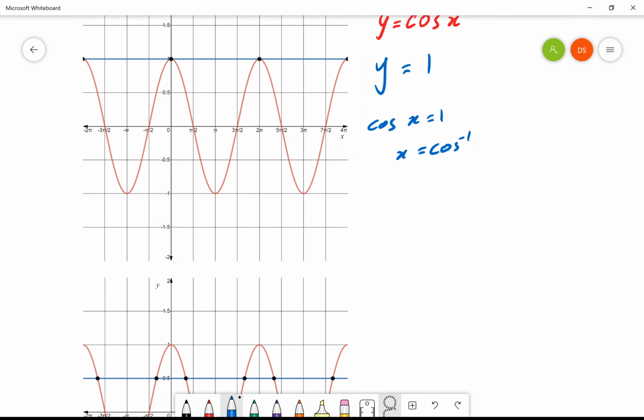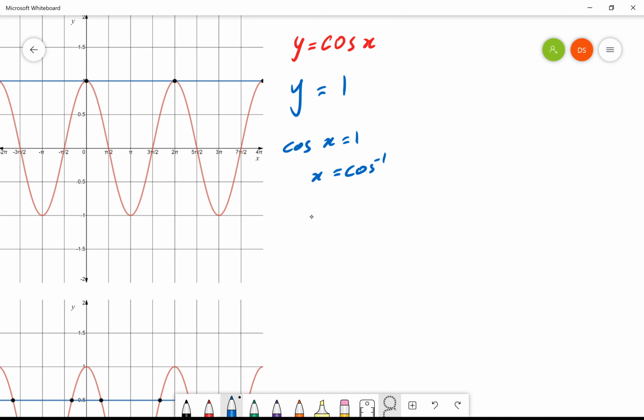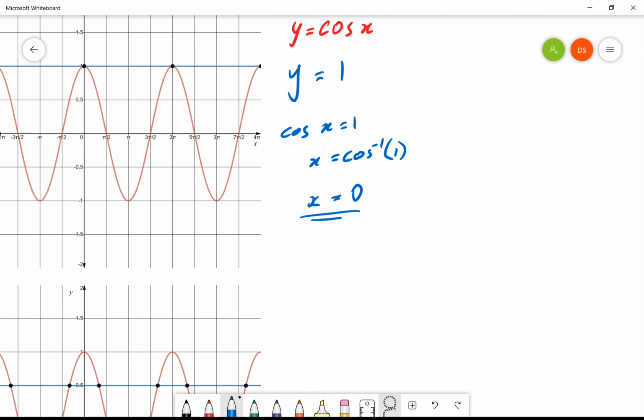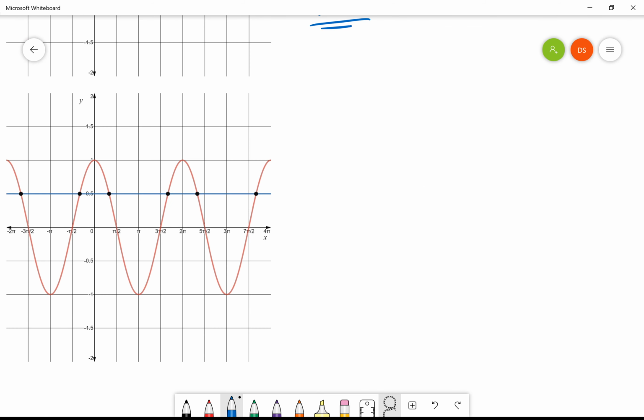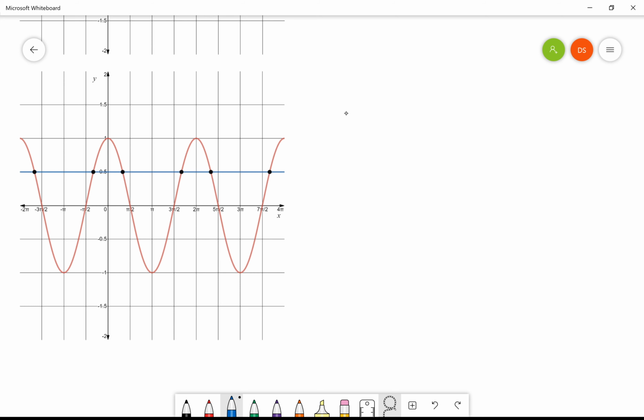Okay, so x was equal to 0. That shouldn't have been a surprise. And so if we went down, we noticed that y was equal to cosine of x, and y was also equal to 0.5.